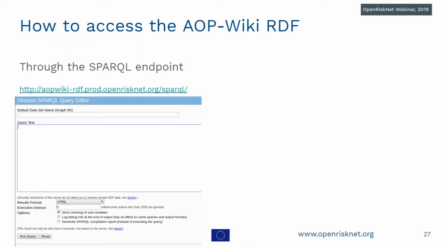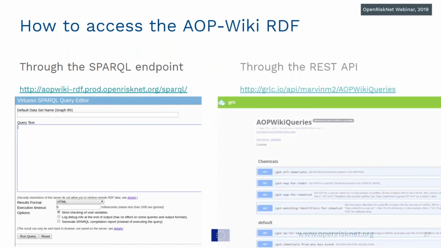And if you know SPARQL, which is the query language to query RDF, one can query any type of information and make all the connections that they want from the database, as long as you know the structure of the data. The other component that is used to access the data is a REST API that we developed using grlc, a tool that builds an API on top of SPARQL queries.